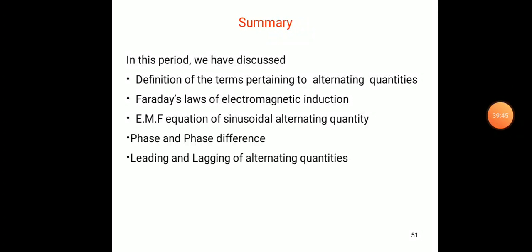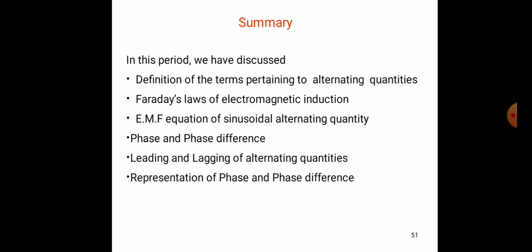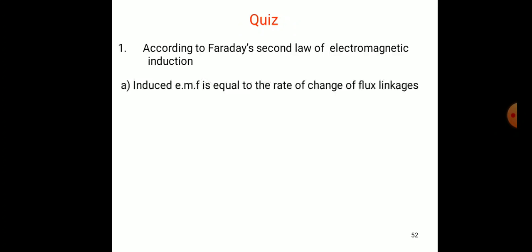We discussed the following: definition of the terms pertaining to alternating quantities, Faraday's laws of electromagnetic induction, E.M.F equation of sinusoidal alternating quantity, phase and phase difference, leading and lagging of alternating quantities, representation of phase and phase differences. So all these we have discussed.